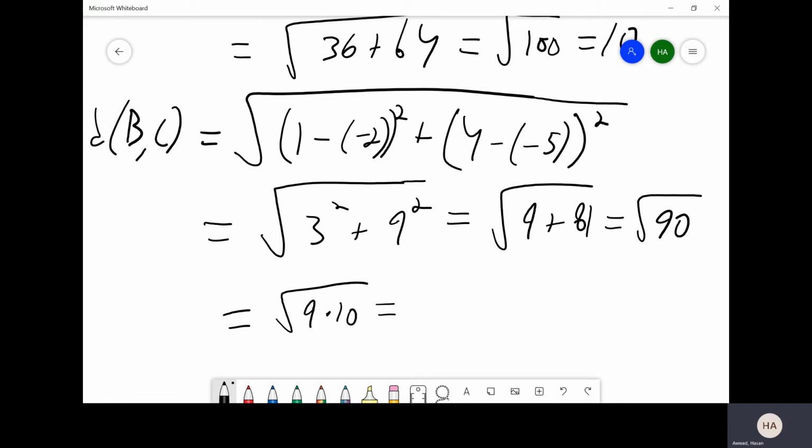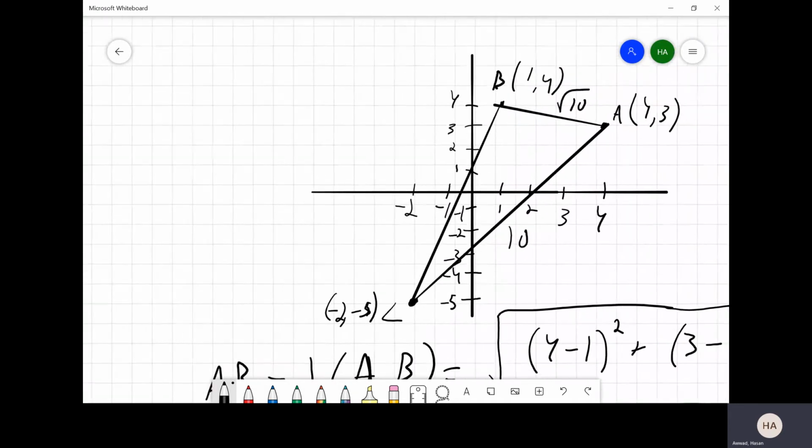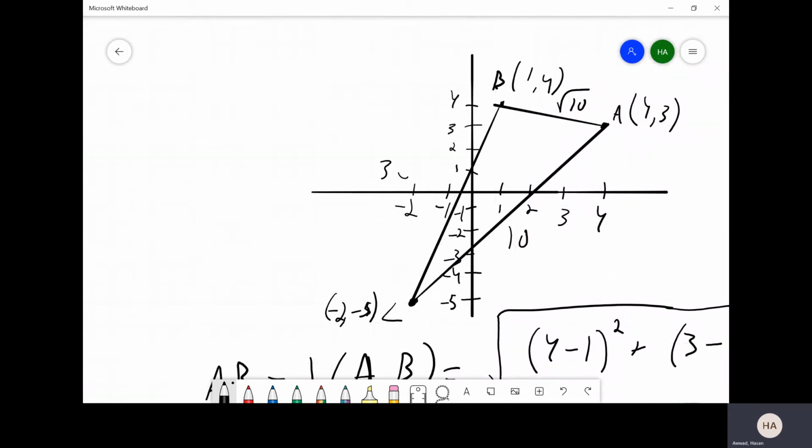You can break it up into the square root of 9 and the square root of 10. We know that we can't simplify square root of 10, so that goes in its own box, and the square root of 9 is just 3. So we know over here that we have 3 times the square root of 10.